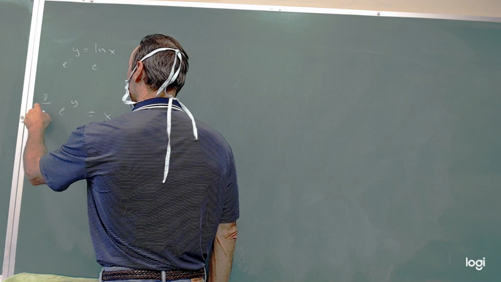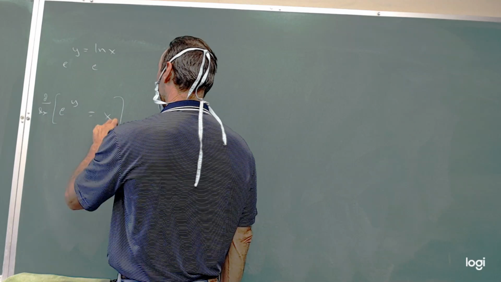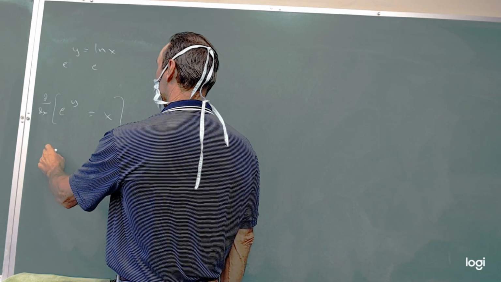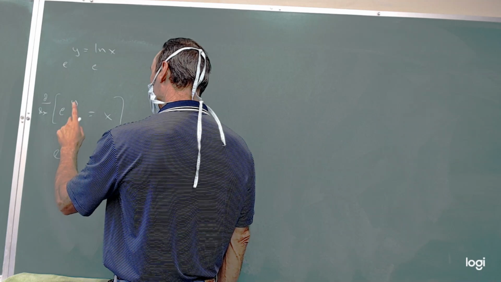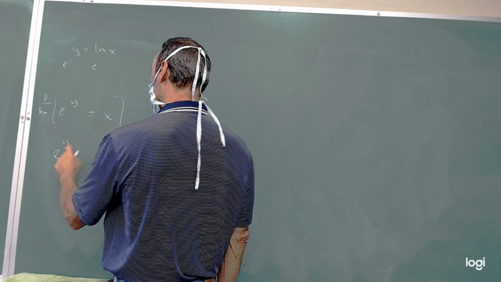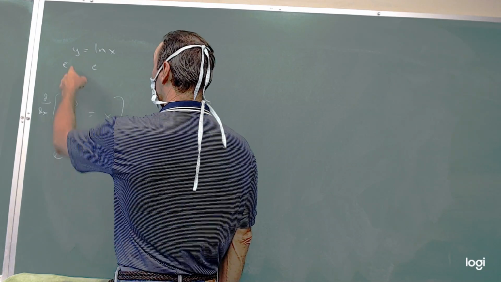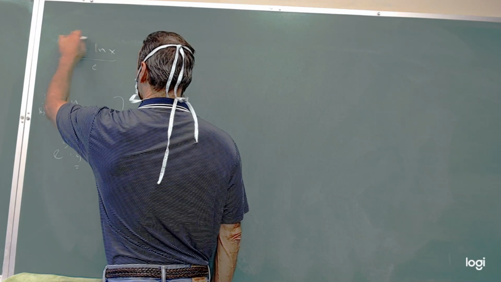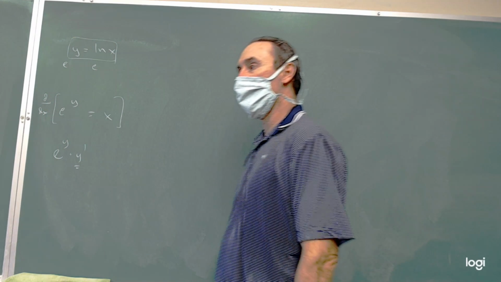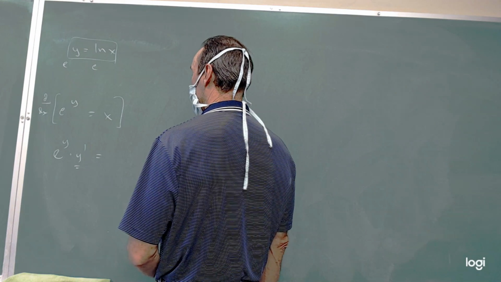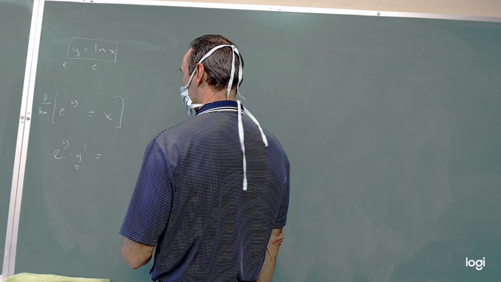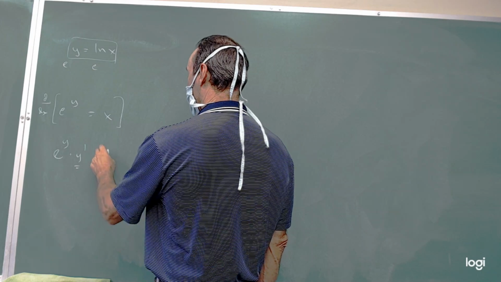Now, if we do a little implicit differentiation here, the derivative of e to the y is going to be e to the y times y prime, and this is what we're really looking for, the derivative of natural log x. That's our claim. On the other side, we have the derivative of x is just 1.